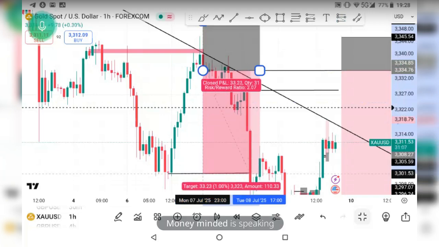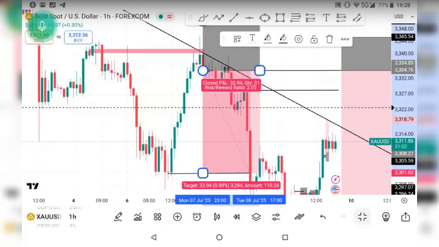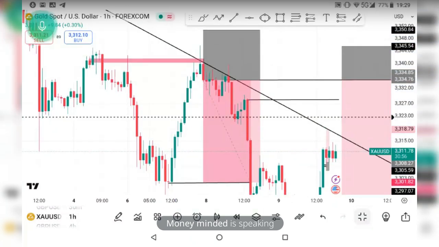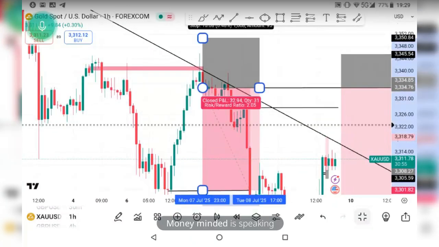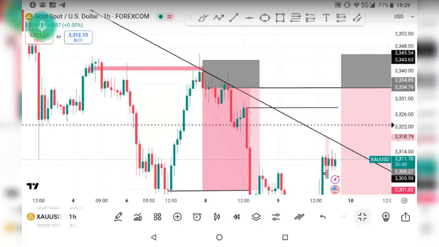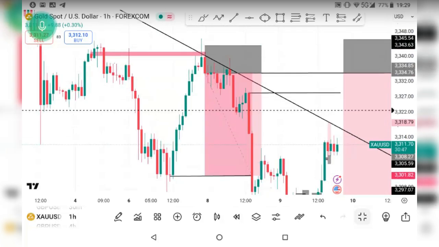You can target the former lower low, or you can try to target below the former lower low. Then your stop loss should be above the resistance rectangular tool, a little bit above the rectangular tool to give it some breathing space.